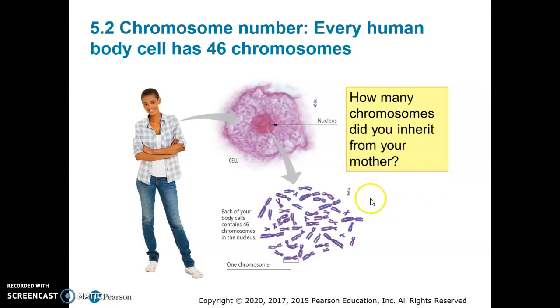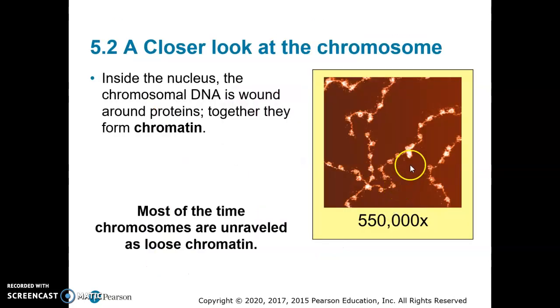And if you look at the diagram here, it's actually showing you a chromosome that has been replicated. The reason we keep showing you chromosomes that have been replicated is because when they've replicated themselves, they're thick and chunky and condensed enough that we can see them. For the most part, when they're loose, like they are in this diagram up here, you and I cannot tell one chromosome from another chromosome.